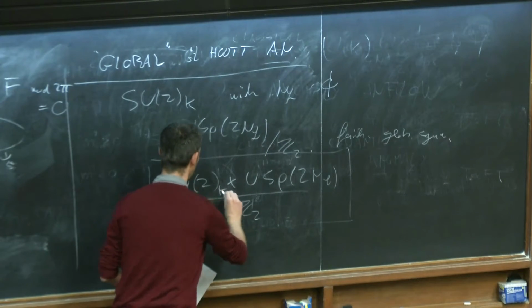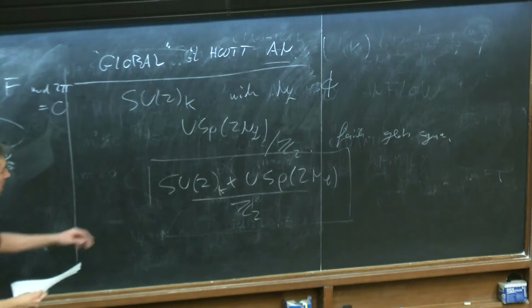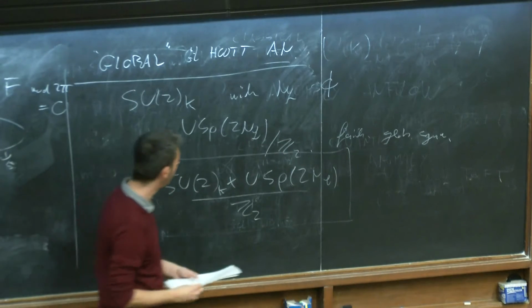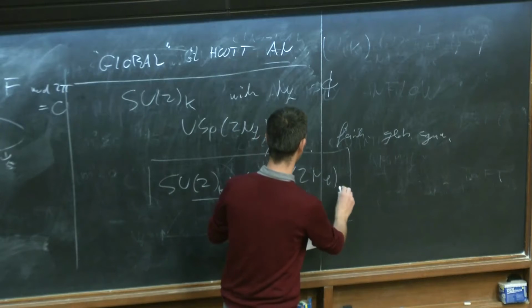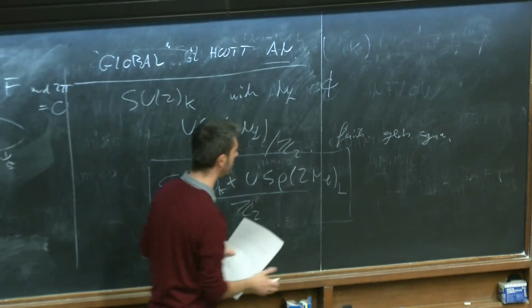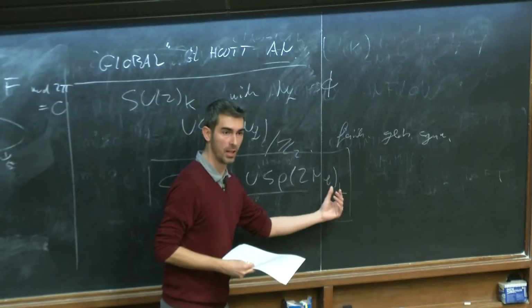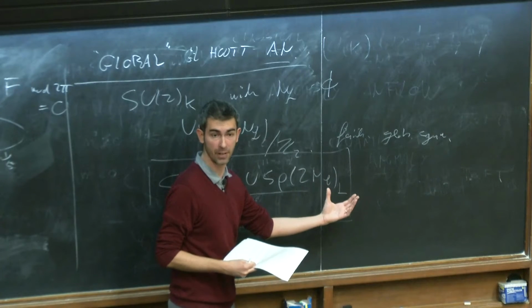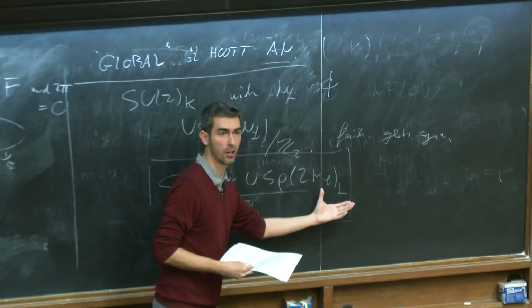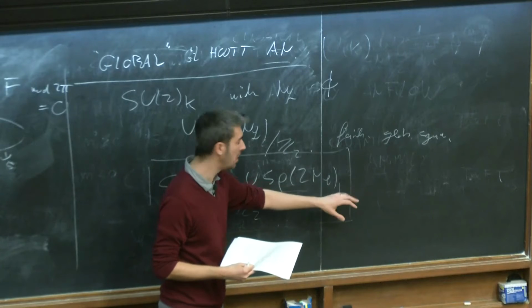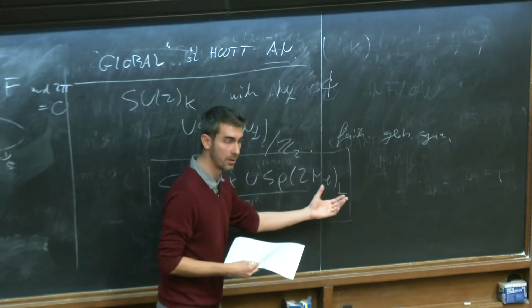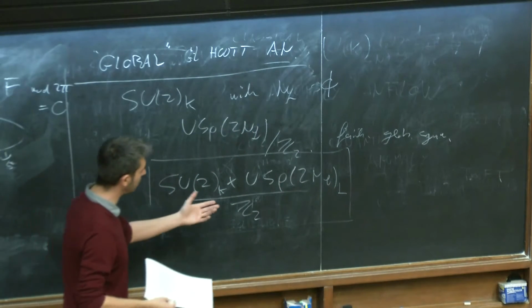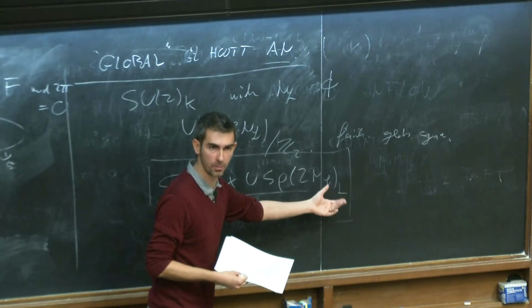Now SU2 has a Chern-Simons term at level K. What about this global group? Well, here too we can turn on some level. This will be a Chern-Simons term for background fields, but this is essentially a local counterterm. So we could set it to 0, but we could set it to some other value. In fact, when we try to remove the anomaly, we should try with all possible counterterms.